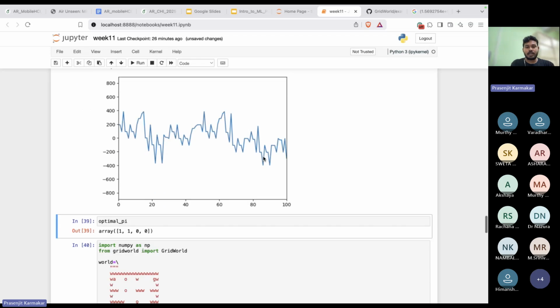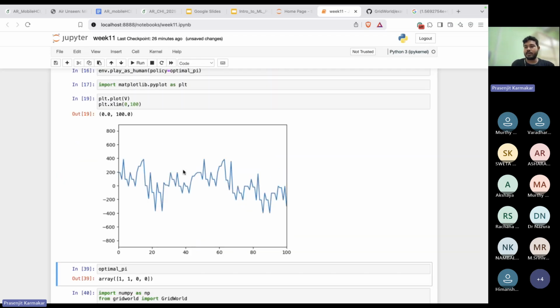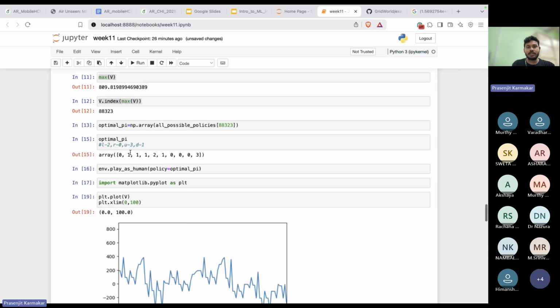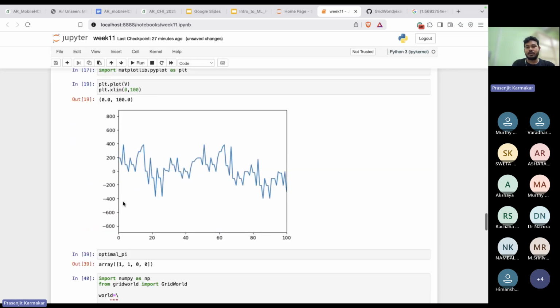Now, the next algorithm that we will learn is how we can improve monotonically. Let's say I initialize to a bad point, like minus 600, while my best policy value is 809. Instead of randomly jumping across the value function, is there any way we can improve it monotonically?